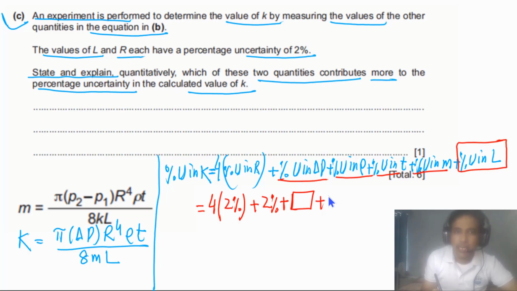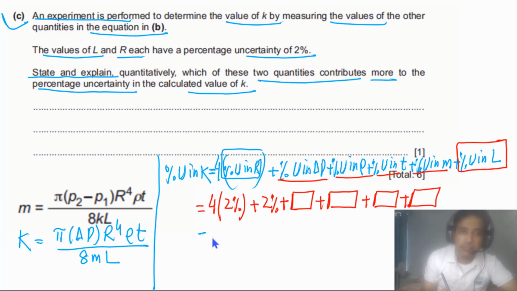We don't have percentage uncertainties for them, but if we did, we could simply plug in these 4 percentage uncertainties here to calculate the percentage uncertainty in K. So we need to compare which one is contributing more to the percentage uncertainty of K. In this case R is contributing more, because this one is 8%, so R is contributing 8% and L is contributing only 2%. So this is R and this one is L.